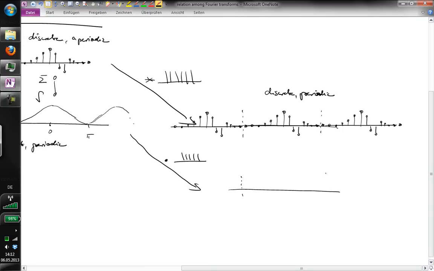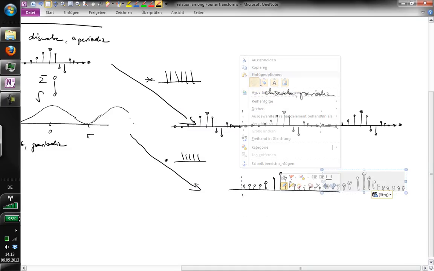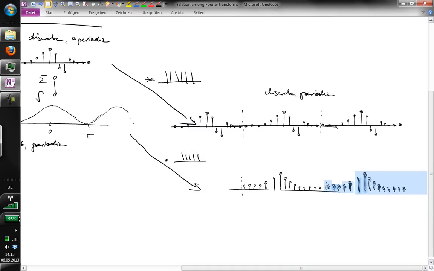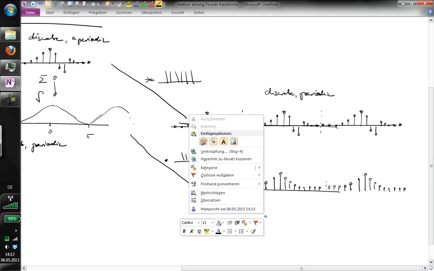And that also holds for the reciprocal space. It was already periodic before, and now it becomes, in addition, discrete. So I'm now sampling this power spectral density here discretely. And have to repeat on either side.